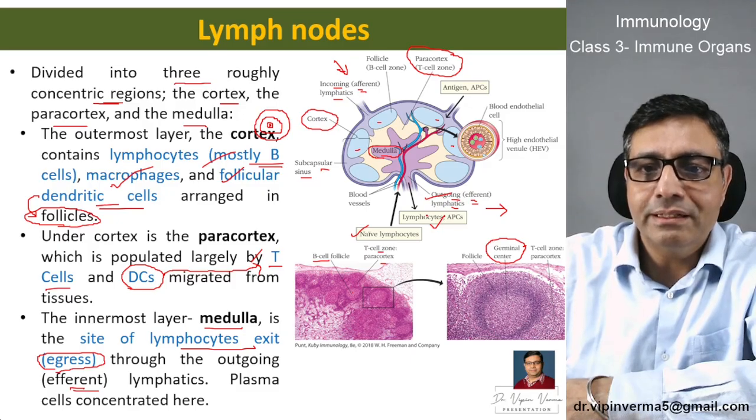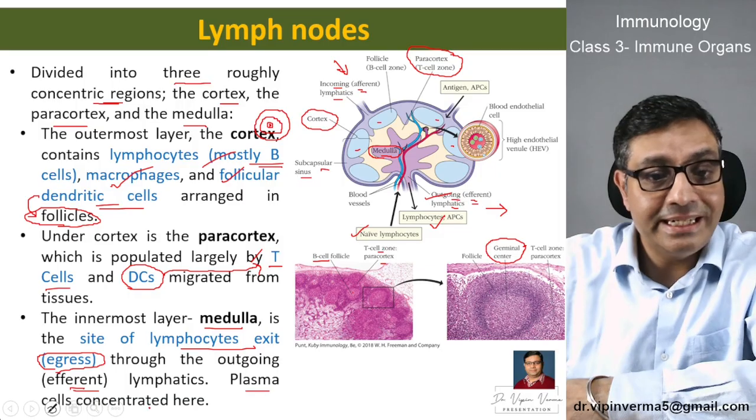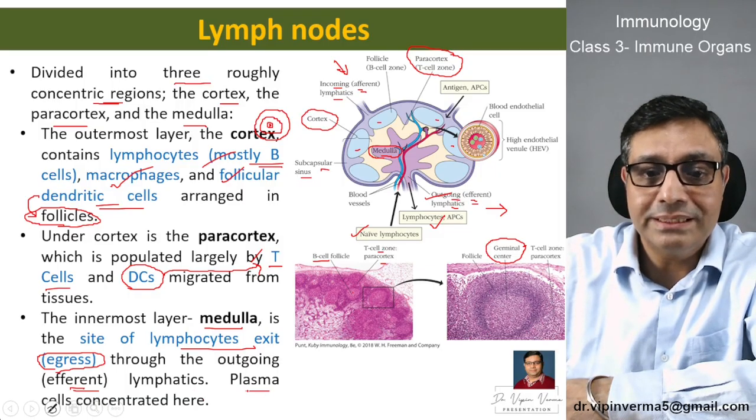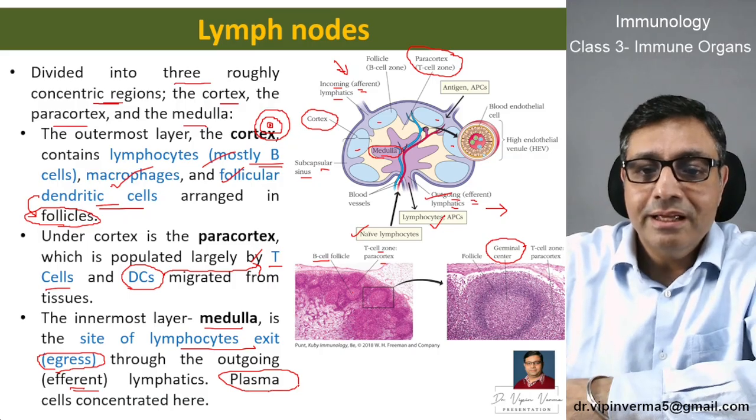So you can see the lymphocytes and antigen presenting cells are coming out through the medulla, and plasma cells are concentrated here. Now this is important, plasma cells. Now, what are plasma cells? Plasma cells are the effector cells of B cells.